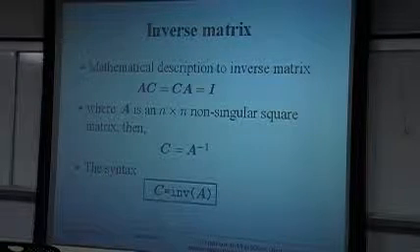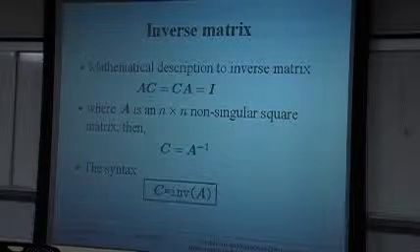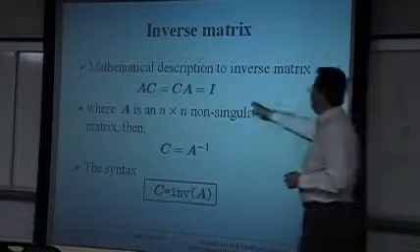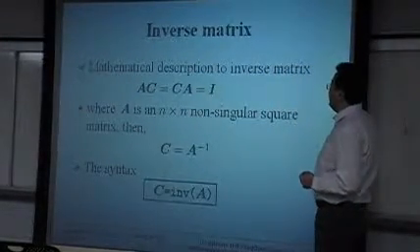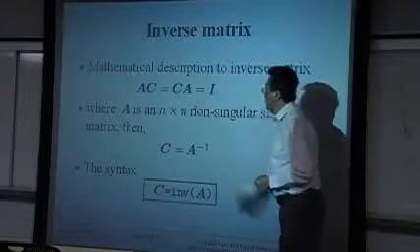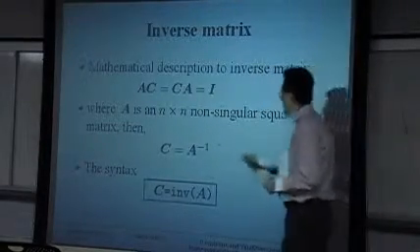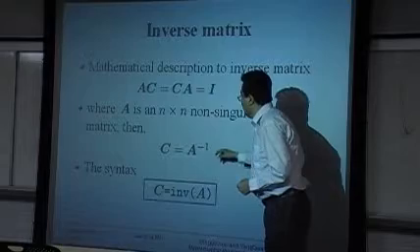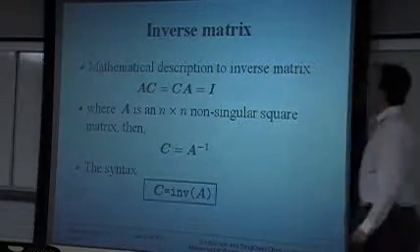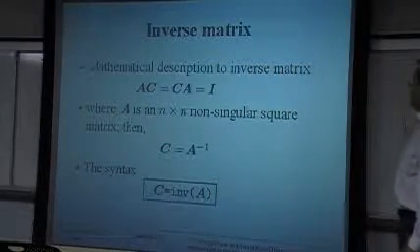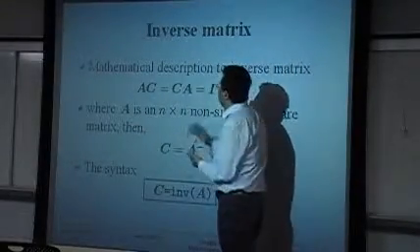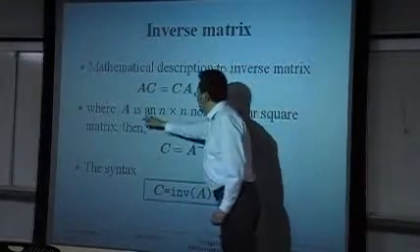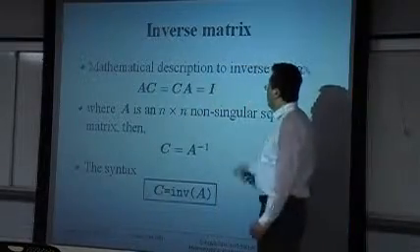In theory, if there exists a C matrix which satisfies this formula, then we say that C is the inverse matrix of A, and it is mathematically denoted like this. And as an assumption, if we are talking about the inverse matrix, A must be a square matrix.